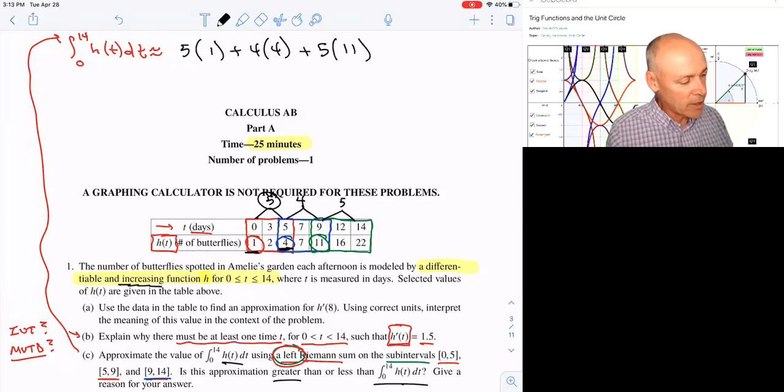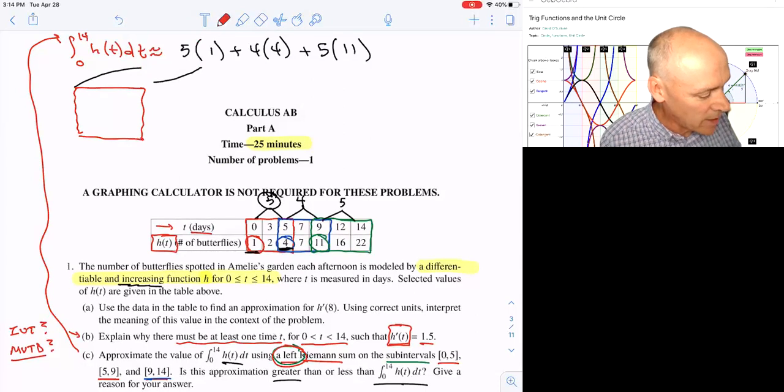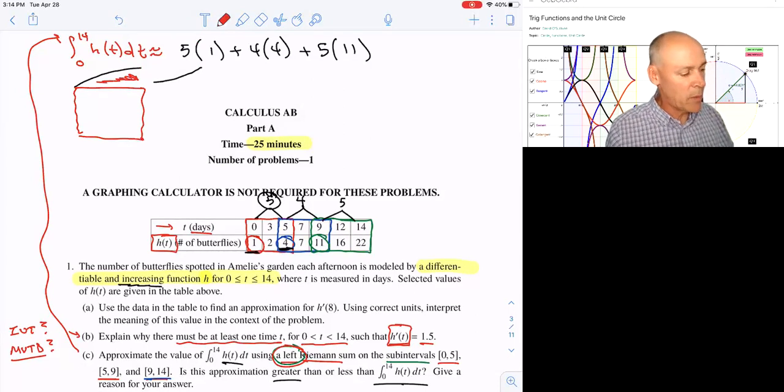So if that is increasing, I can just sketch this to remind myself. If it's increasing, it doesn't matter if it's increasing concave down or increasing concave up. If I do a left Riemann sum, cap that right there, that means my approximation is less than my actual definite integral. So I'm just going to show this.